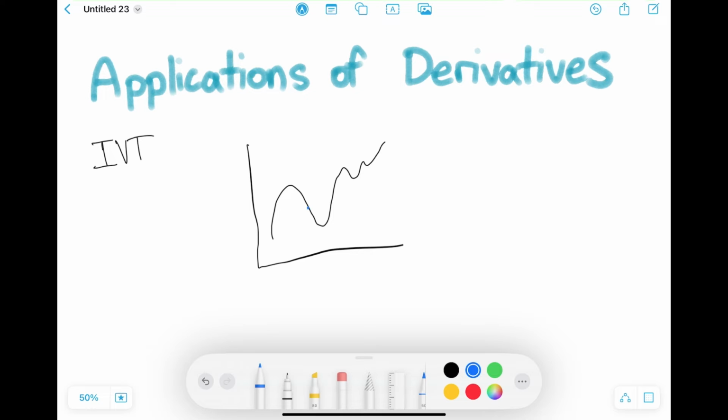Let's say we have this point. This is x equals a, and we have this point here. This is x equals b, right?